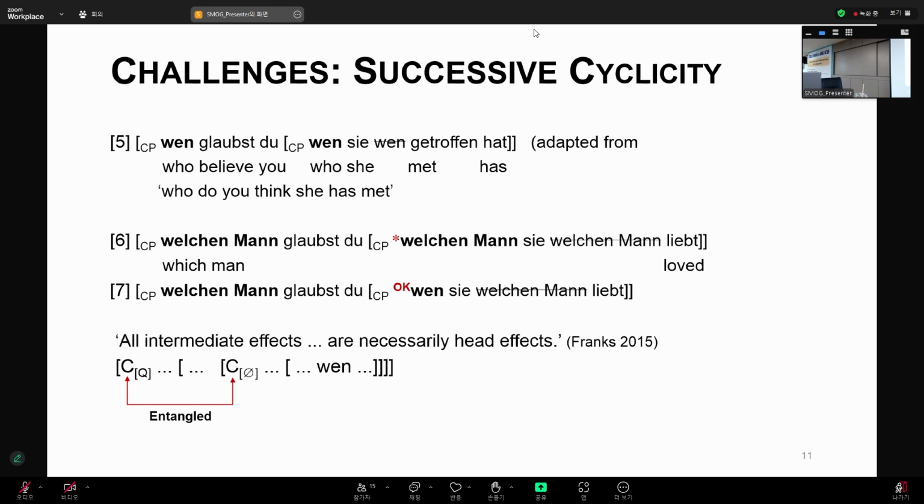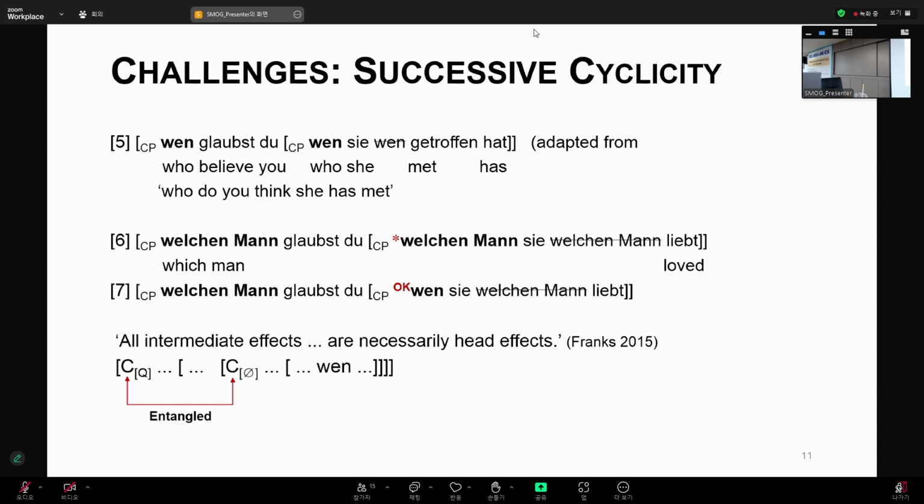But interestingly, this is based on Frank 2015. So take a look at 6. If the WH is what is called a full-fledged WH phrase, so it's fuller than this one, then interestingly, the intermediate spec cannot be overtly occupied by the copy of this full-fledged WH element.